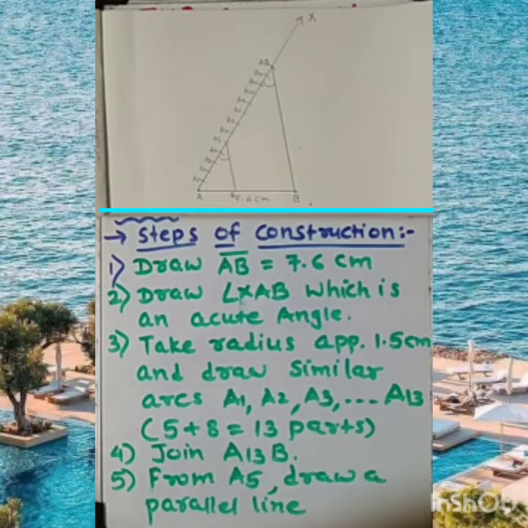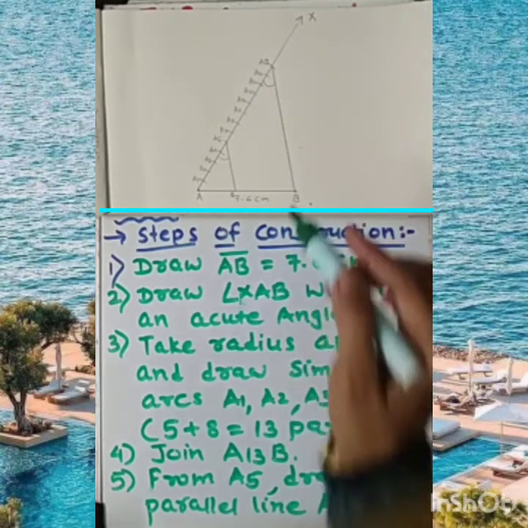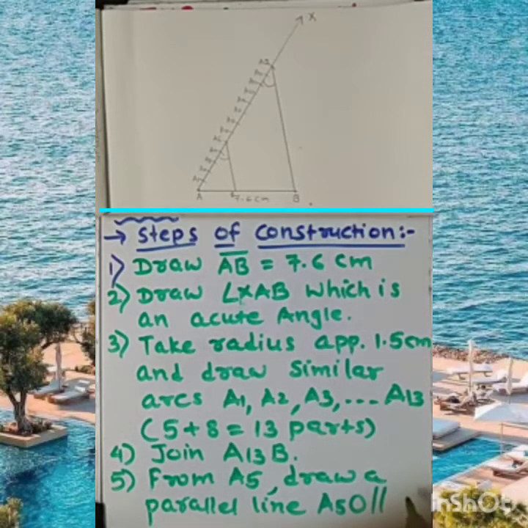The name of that line is A5O, which is parallel to A13B. Agree? So here I am mentioning A13B. Okay, so I can say O is the point.